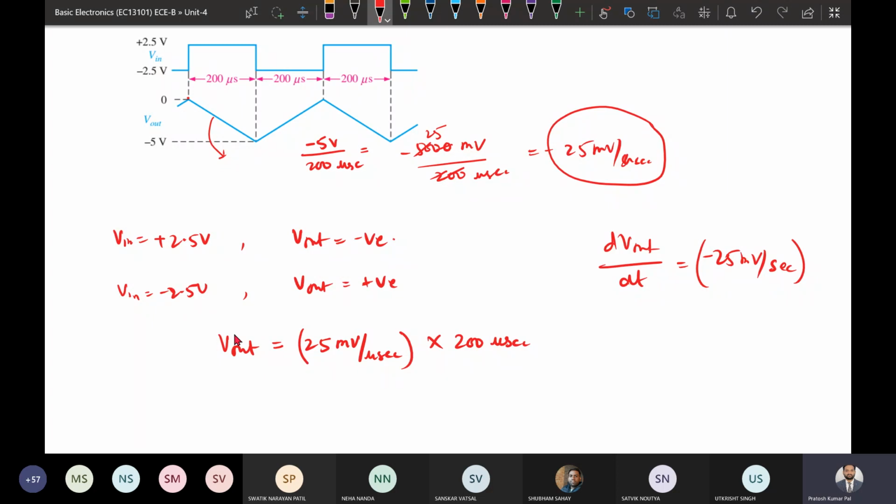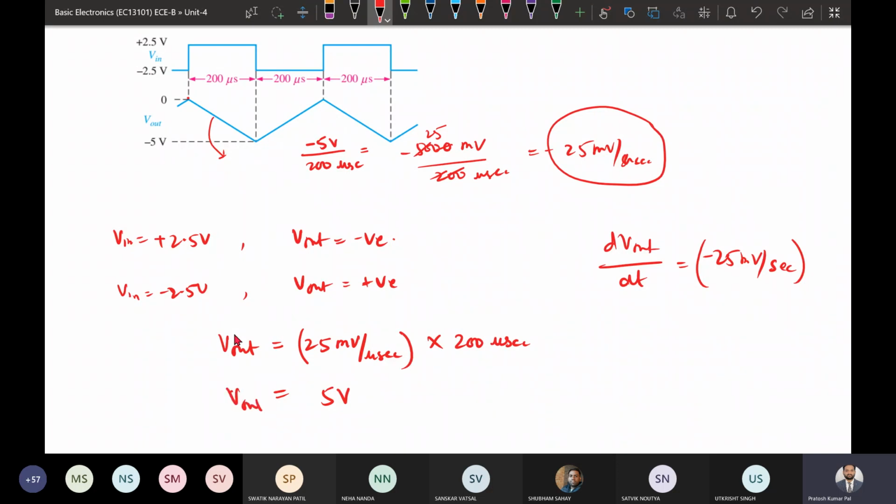So from there, considering the positive, we just multiply it. The micro cancels out, and 25 multiplied by this gives 5000 millivolt, that means 5 volt.